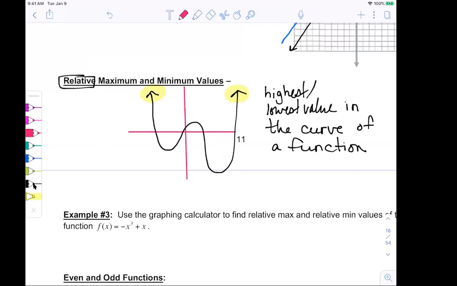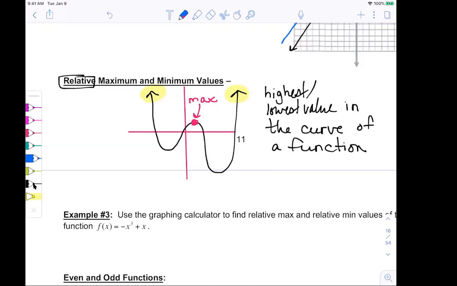There can be multiple relative max or min values. So if I'm looking for a maximum, I'm finding the highest point of the curve. We consider this a max. It's called a relative max, but that word relative gets dropped many times. The highest point of the curve is the max. The highest point around or surrounding the other values.